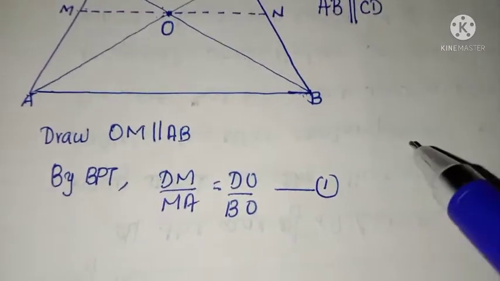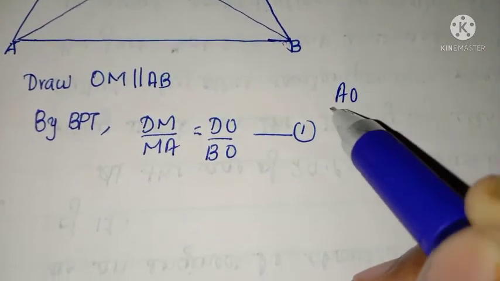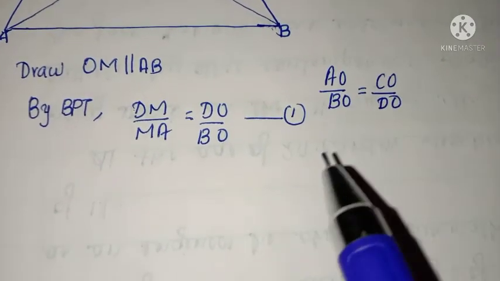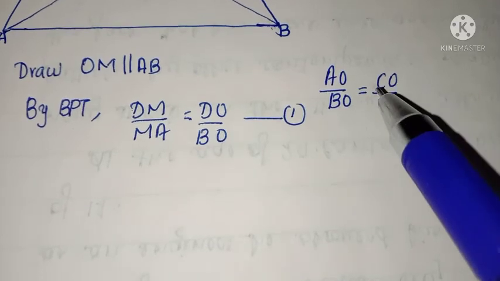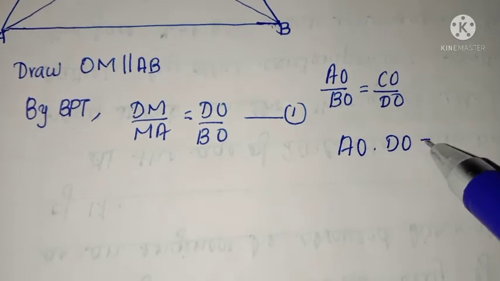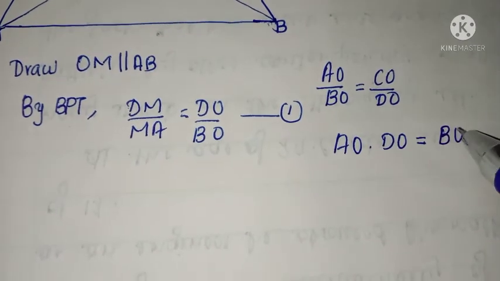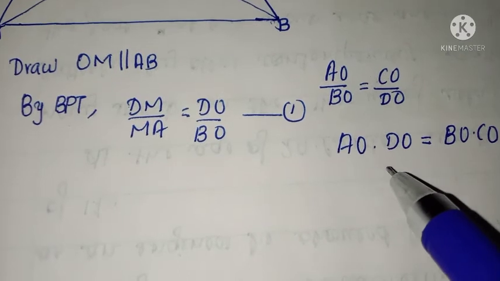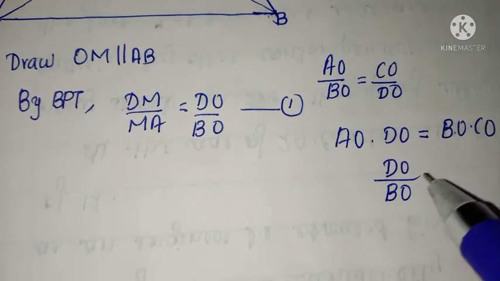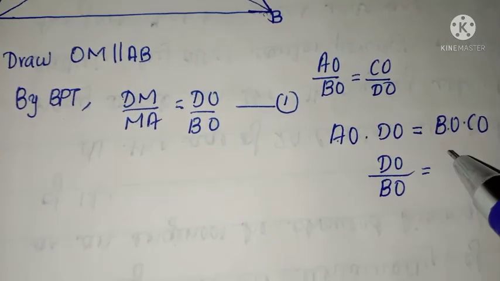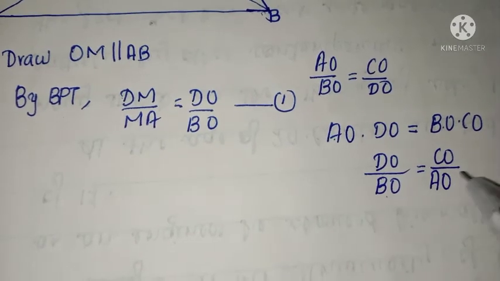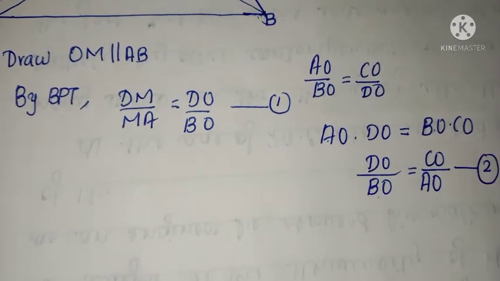Now listen the question. In the question it is given that AO by BO is equal to CO by DO. Okay. Now just take cross multiplication. We have AO into DO equal to BO into CO. Take this BO to left side and AO to right side. So, DO by BO equal to CO by AO. Put it as equation number 2.